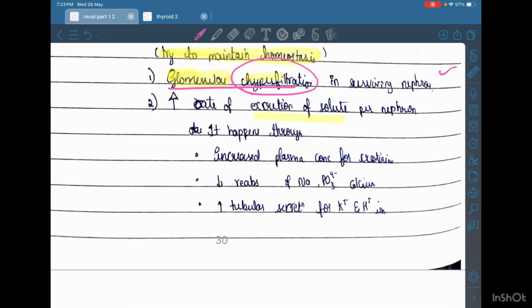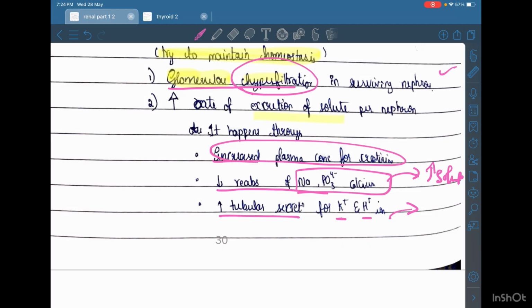They decrease the reabsorption of sodium, phosphate and calcium. They also cause secretion of potassium and hydrogen ion. Then whenever there is increased creatinine in the plasma, there will be more creatinine available for filtration, so there will be increased creatinine excretion.